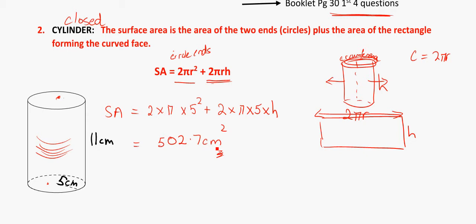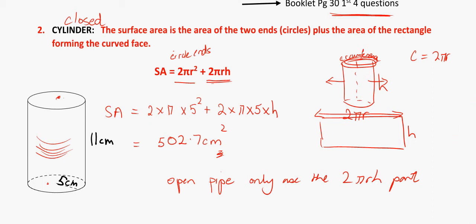It's not cubed. Now, if it's an open cylinder, or say it's an open pipe, like a toilet roll with no ends on it, only use the 2 pi rh part, not the top and the bottom, when you're finding the surface area.